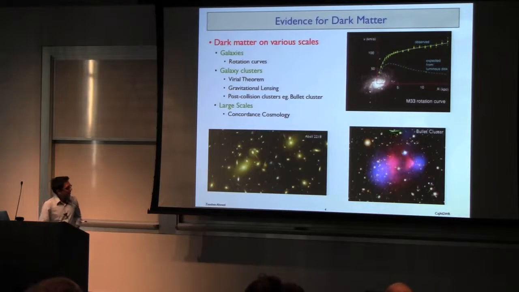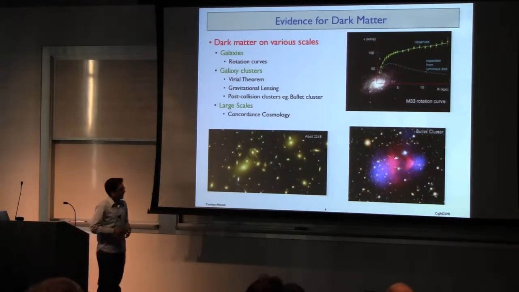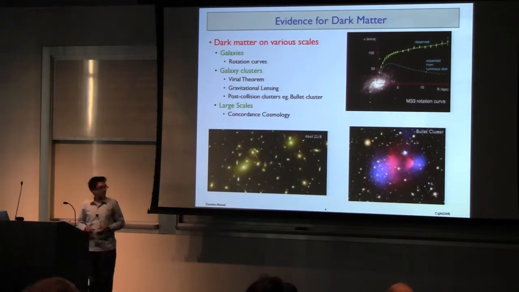And obviously we've all seen these kinds of pictures of the bullet cluster, where we see two post-collision galaxy clusters. They've gone through each other, except that the baryonic component, or the part that is not dark, as seen here through X-ray, actually shows a shock wave front, and the blue parts here are gravitationally lensed dark matter.